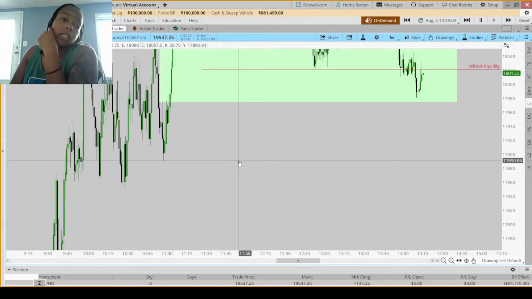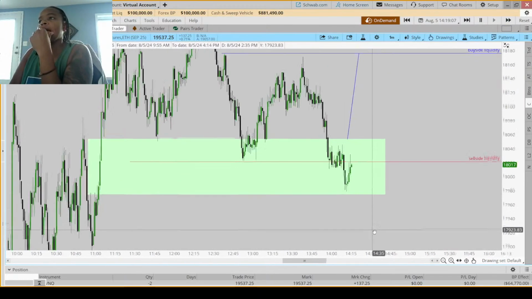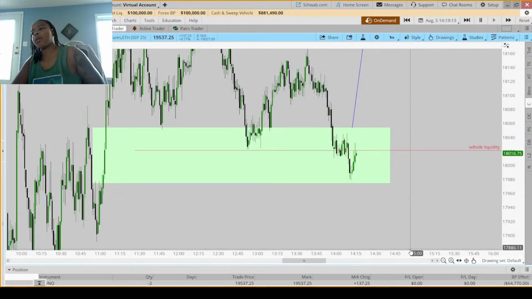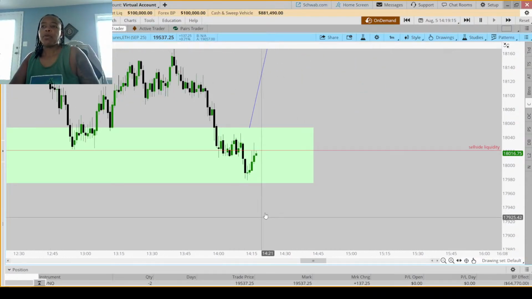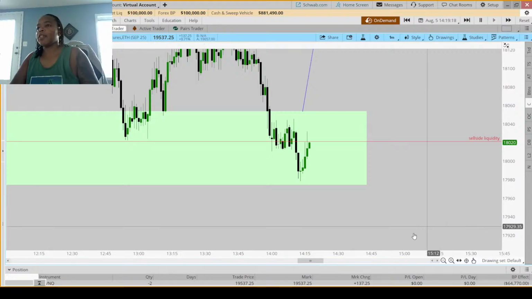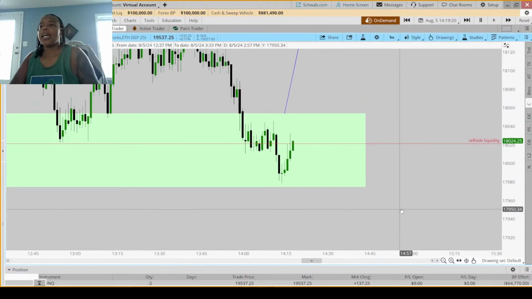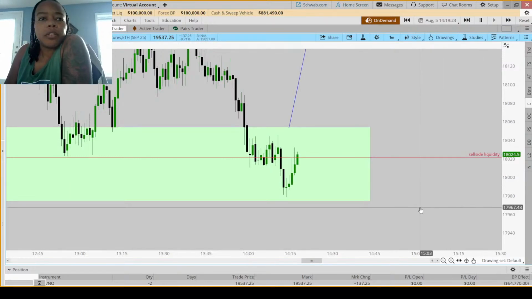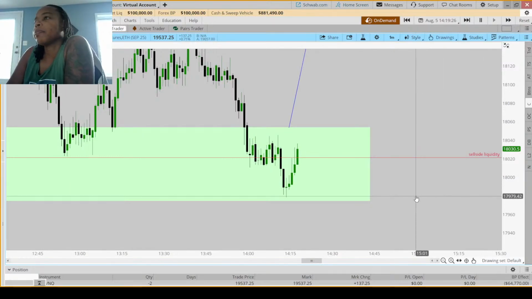But this would be a continuation trade, not the sweep, shift and enter that I'm working on for August. Right now, I'm looking to see if they give us a sweep shift. So this is probably what we're looking for. Okay, good.